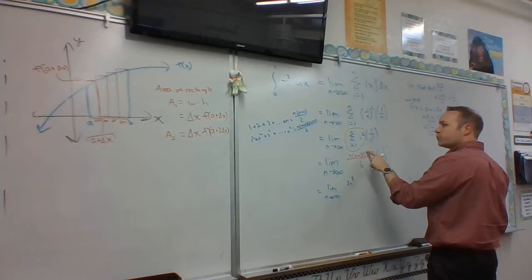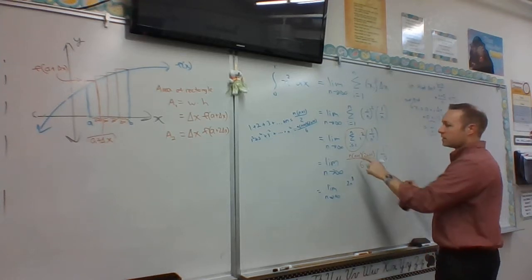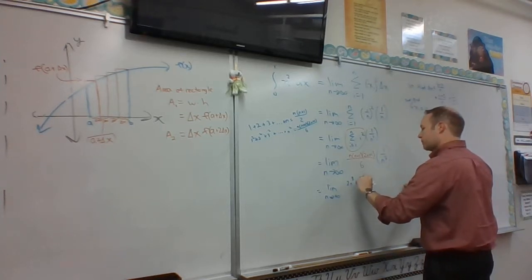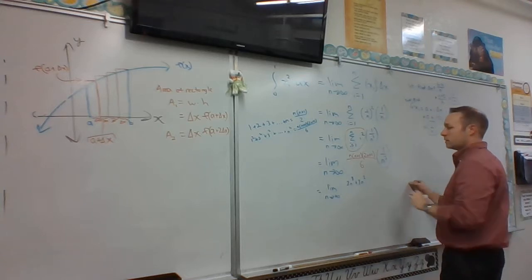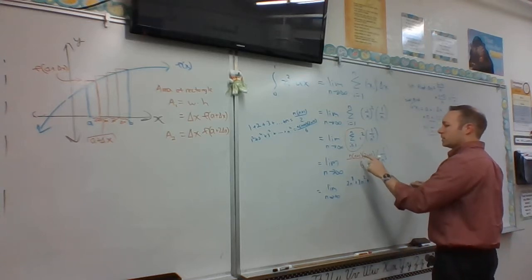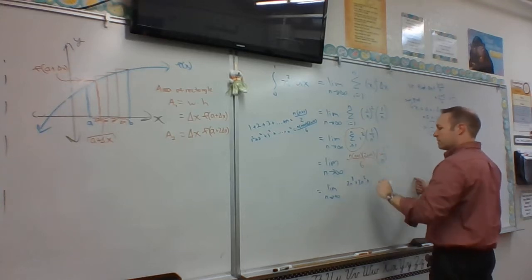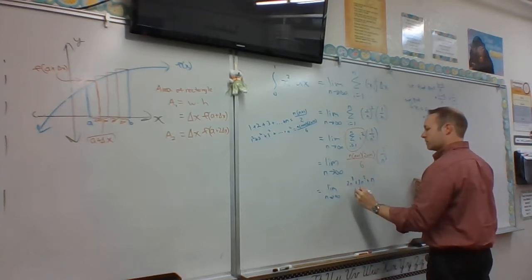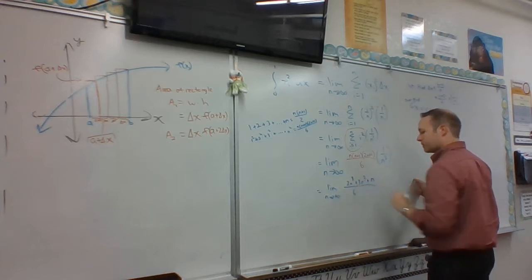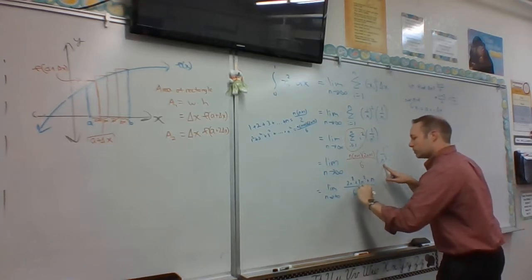Plus n plus 2n, so it becomes plus 3n squared, plus n, well, plus 1 times 1, so plus 1n, so plus n, over 6n cubed.